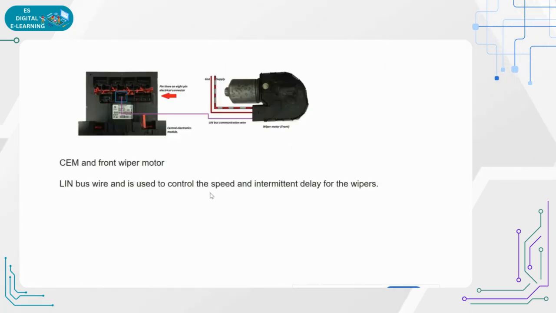Okay, so how are we connecting the sensors? Let's take one example. This is our controller, the ECU, in cars. ECU means electronic control unit. This is the wiper motor.